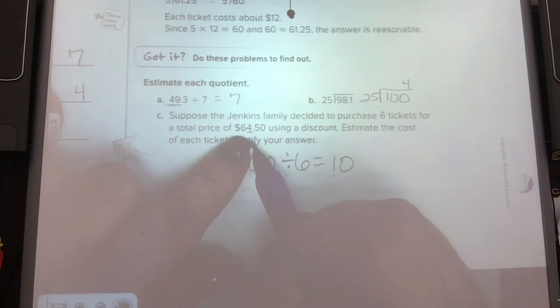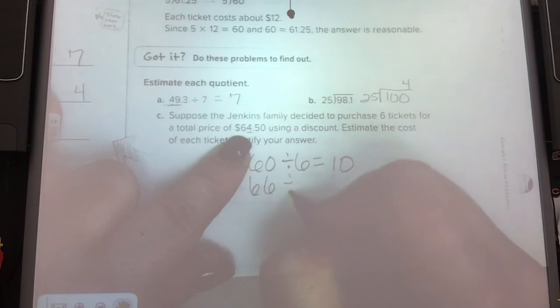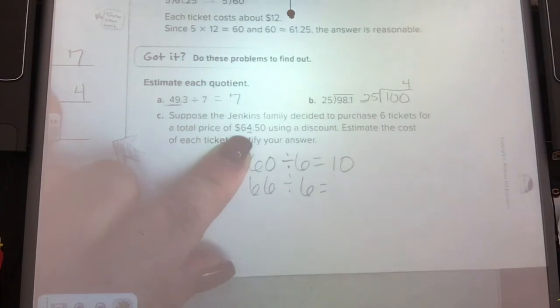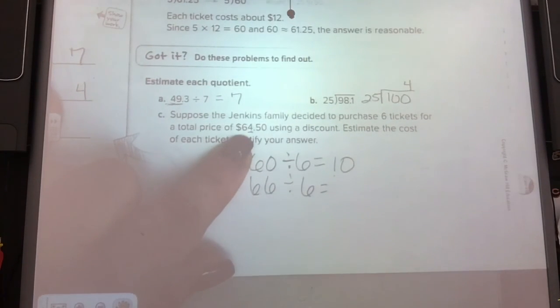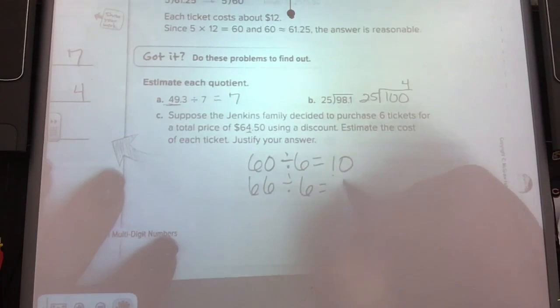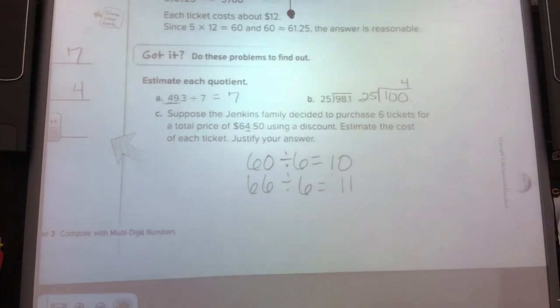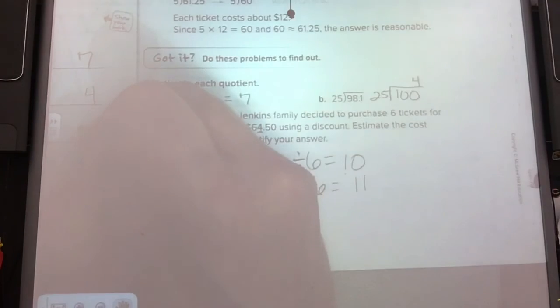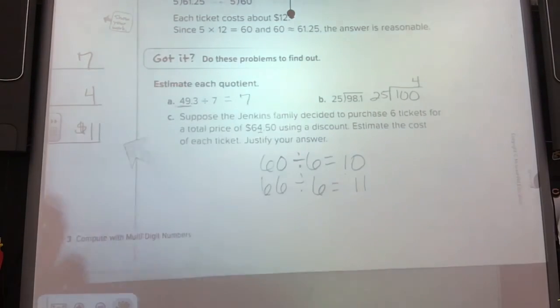Or we could round up to $66, because that's also divisible by 6, which would probably be a little closer, because if it's 64, that's $4.50 each ticket is over. So if we really want to get a closer estimate, I would round up. 66 divided by 6 would be 11. So either answer would be acceptable, but I would have put about $11.